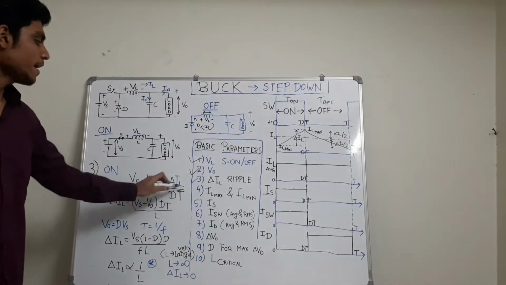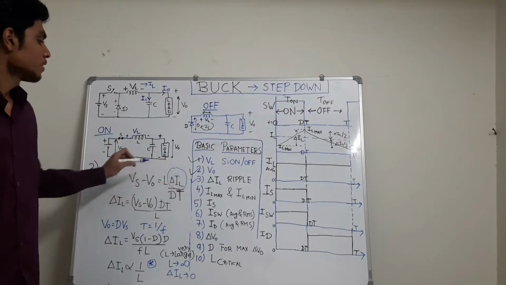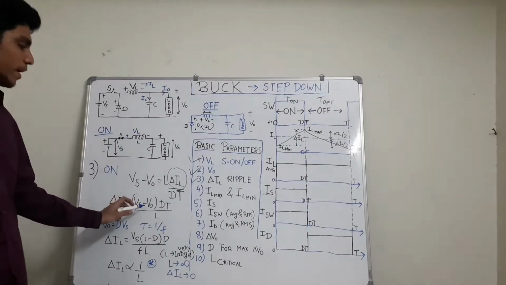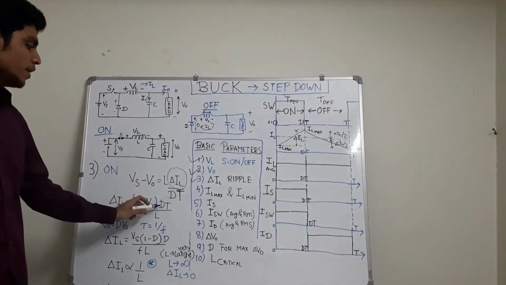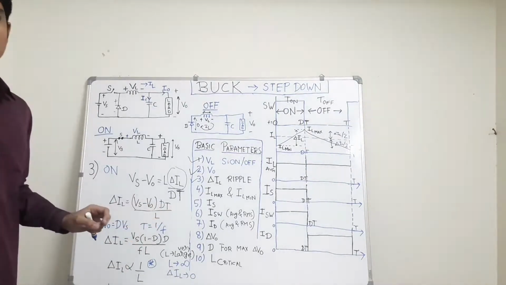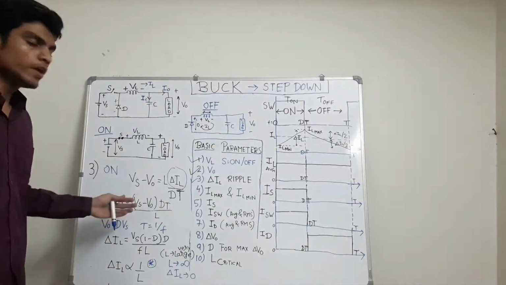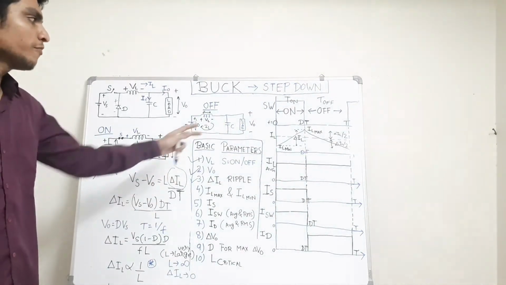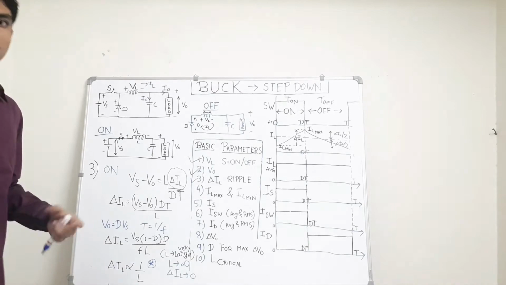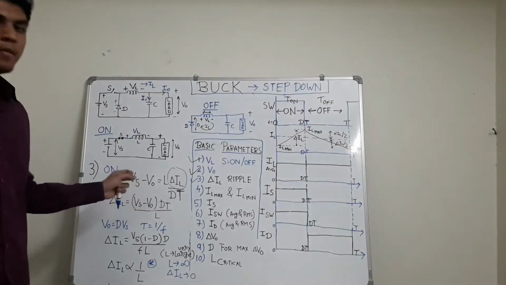So del IL, that is ripple in the inductor current, equals to Vs minus V0 into dt upon L. Now this is the fundamental equation which will be applied to any problem of the buck converter for ripple. Now you can manipulate according to the values or problem given.